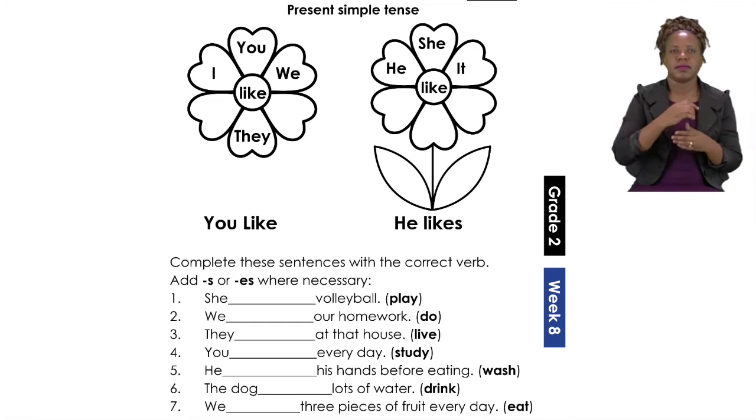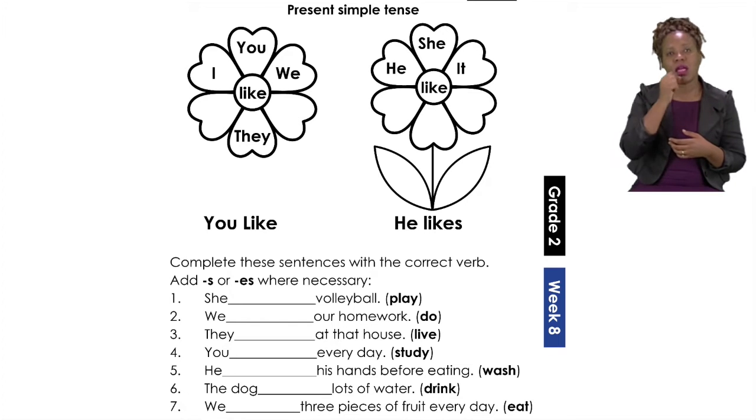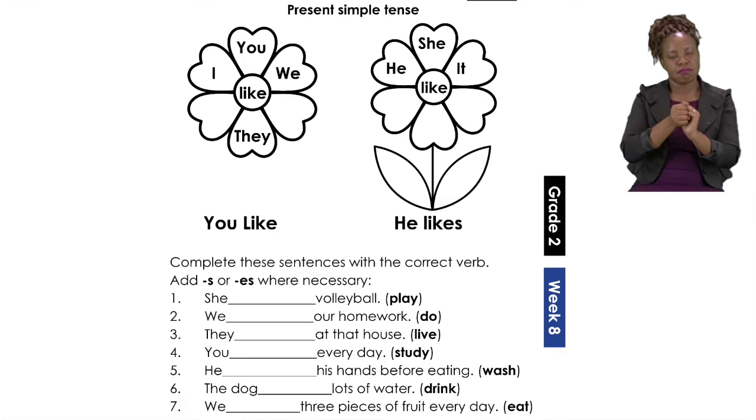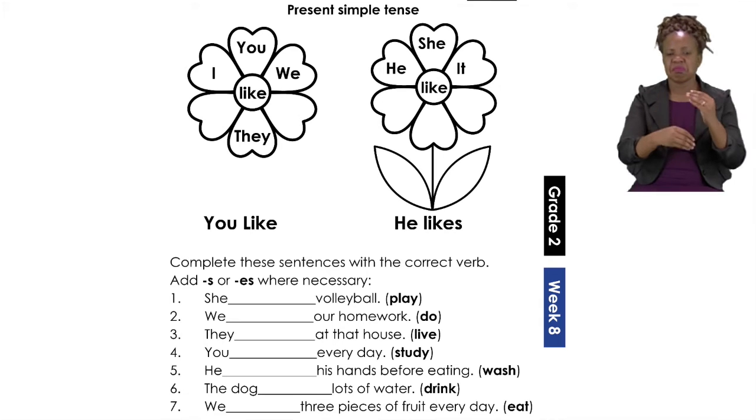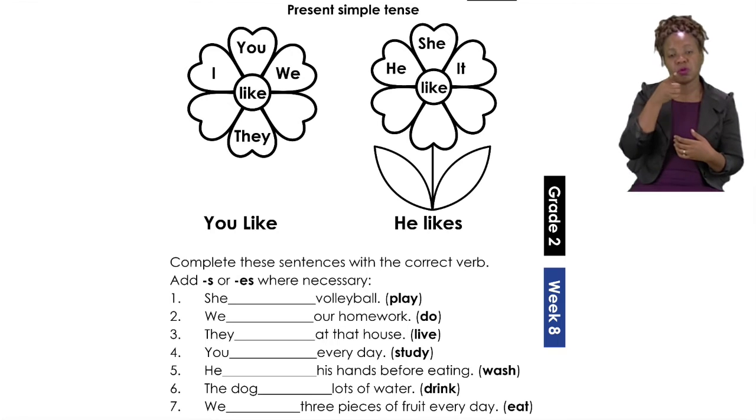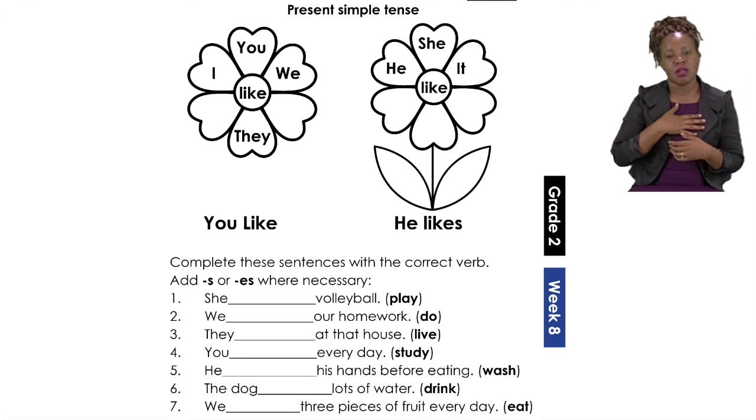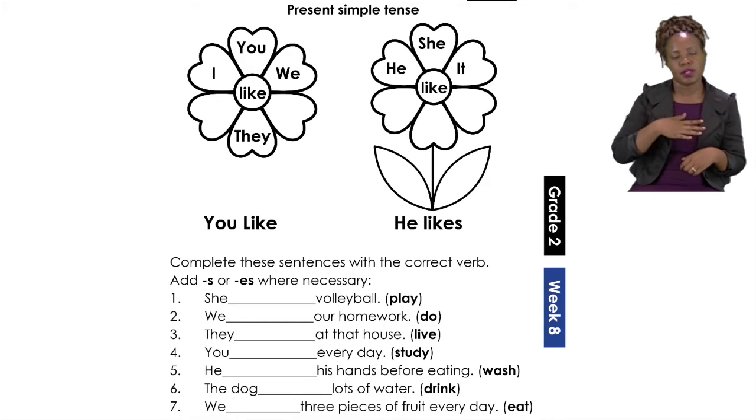Now, if we say, for example, I like ice cream, the present simple tense tells us that we do not change the word like. The like remains like, without anything added. So I can say, you like riding your bike. We like movies.